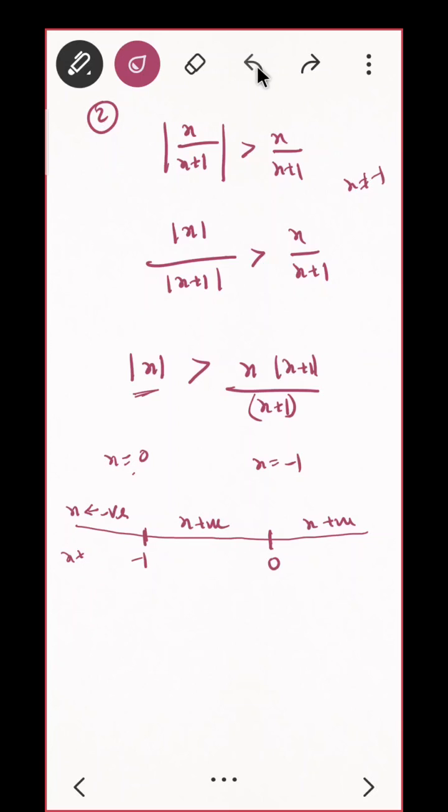Hey, the here also negative ना. x मतलब क्या? 0 के लेफ्ट साइड ना. करेक्ट. हेलो. Do you agree? 0 के left side, yeah. And what about this guy? X plus 1 is negative. And what about this? Positive and positive. Correct, because it is right of -1.